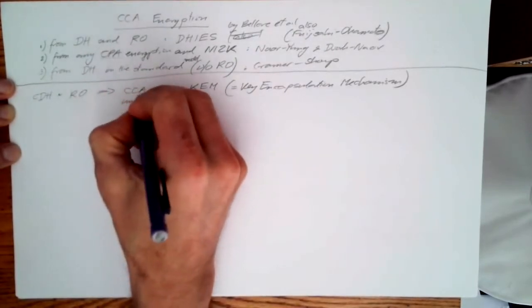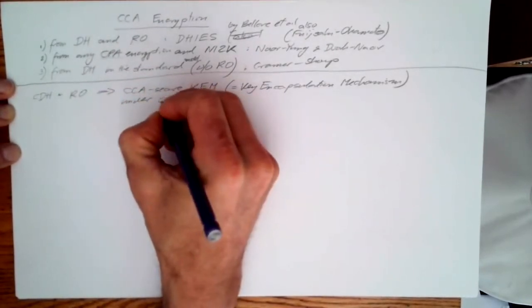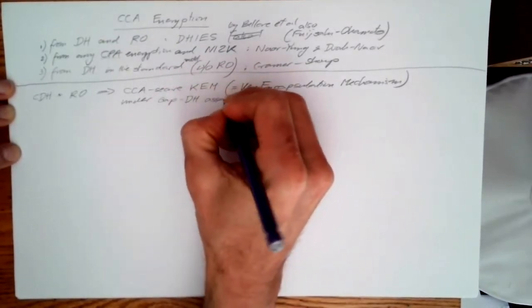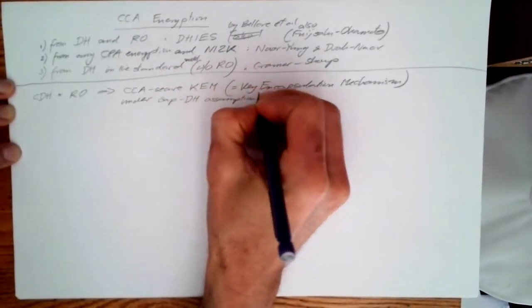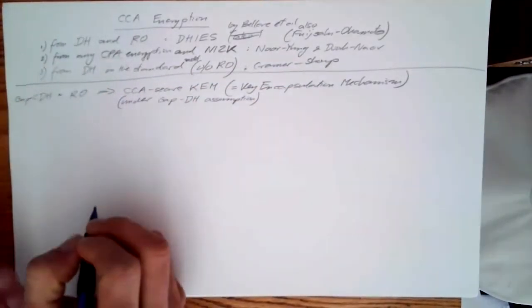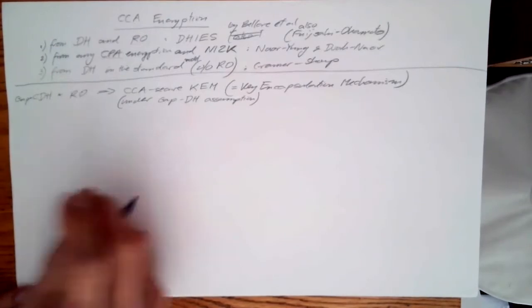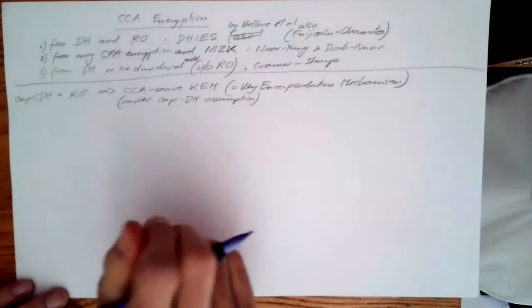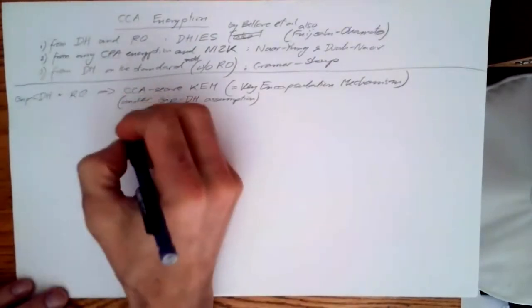Under the so-called Gap Diffie-Hellman assumption. So this is actually the Gap-CDH assumption. Okay, so let's take these things one by one.